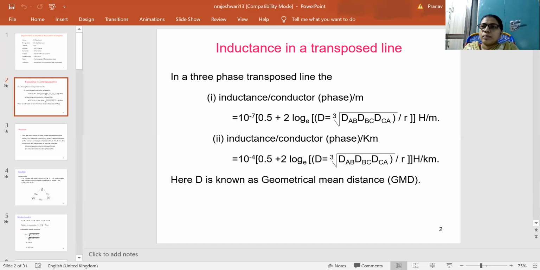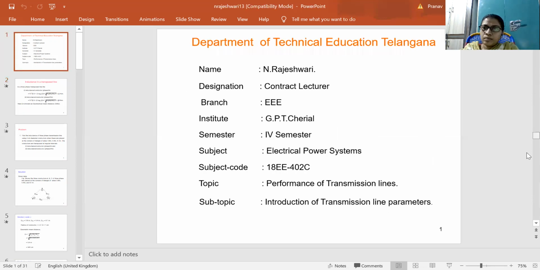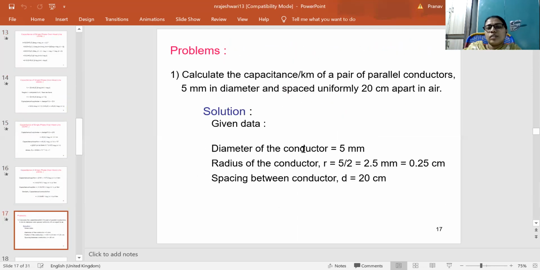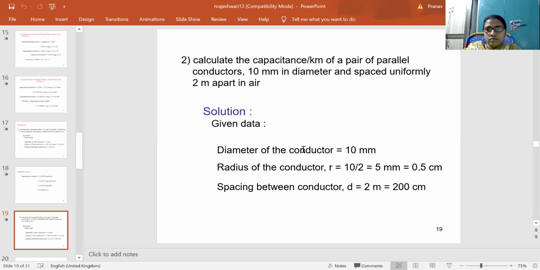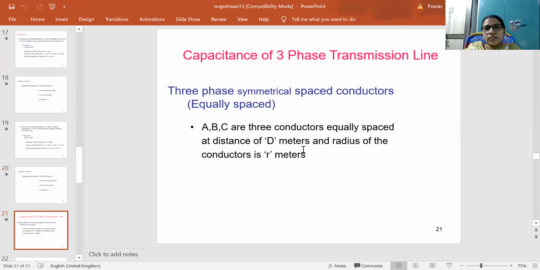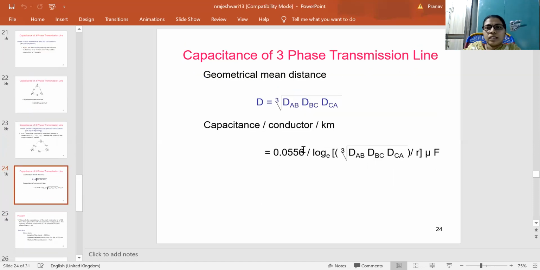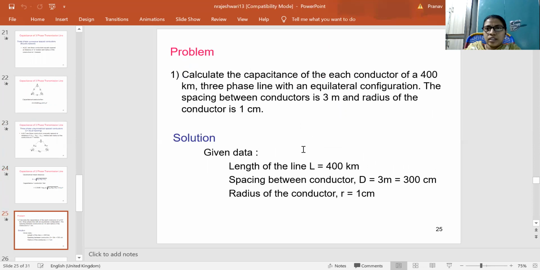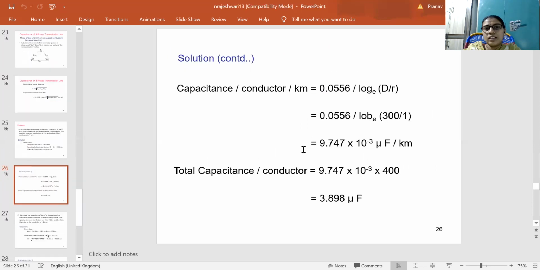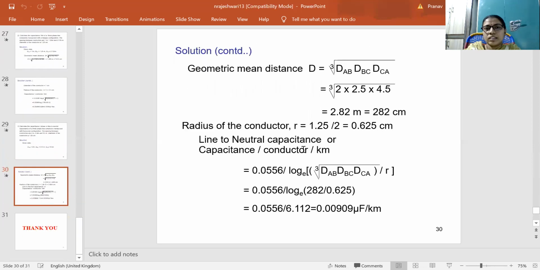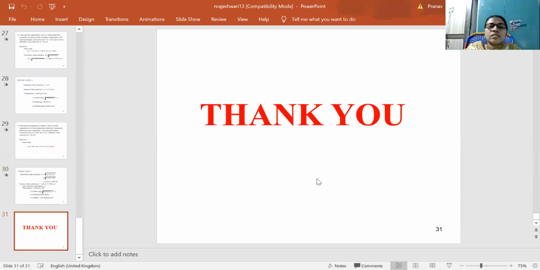So these are the transmission line parameters of overhead transmission lines: inductance of single phase transmission line, inductance of three-phase symmetrically spaced conductors, and three-phase transmission line with unequally spaced conductors, and also the capacitances.